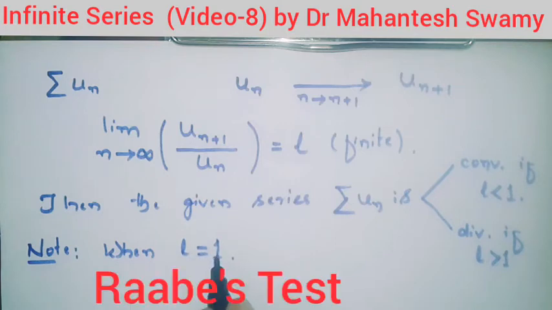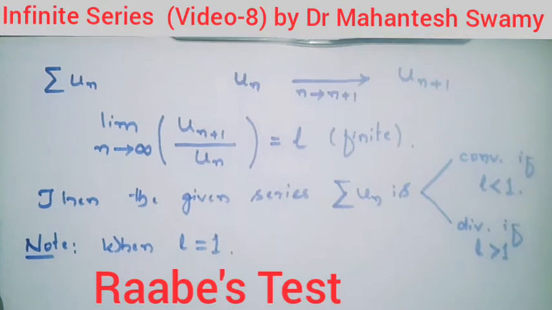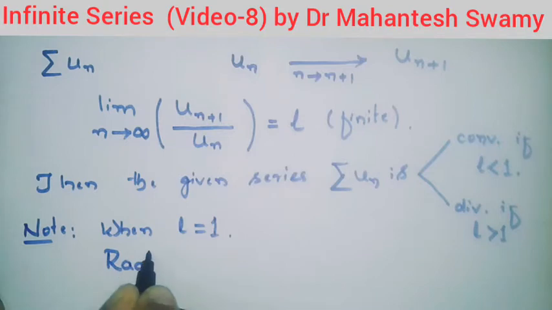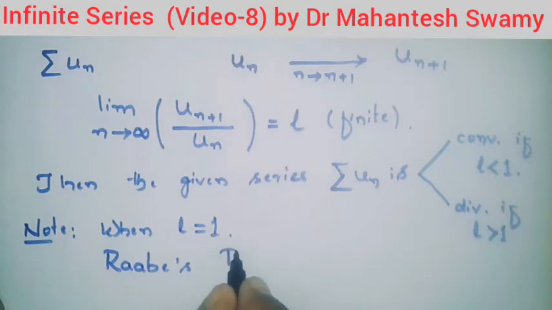In such cases, we have to prefer another important test known as Raabe's test. So what is this Raabe's test? It is another important test which determines the nature of a given series of positive terms.